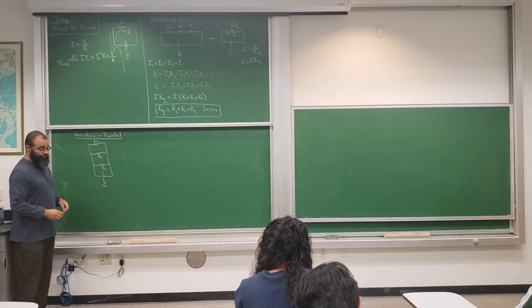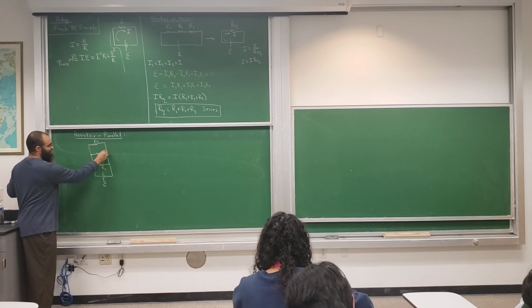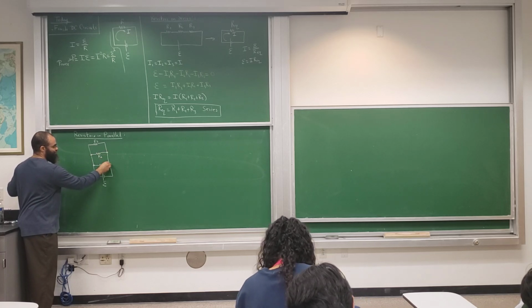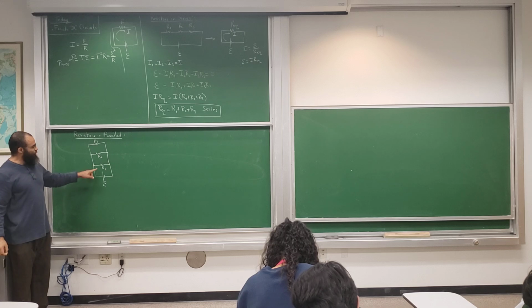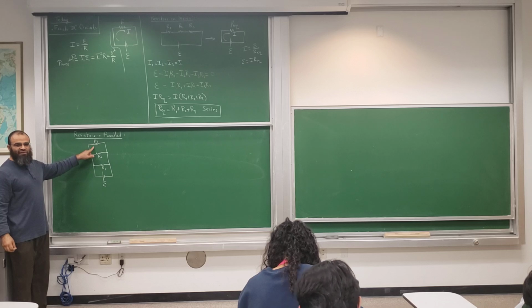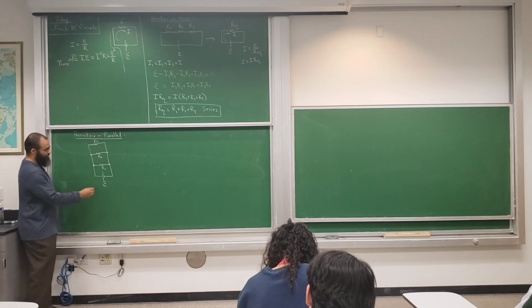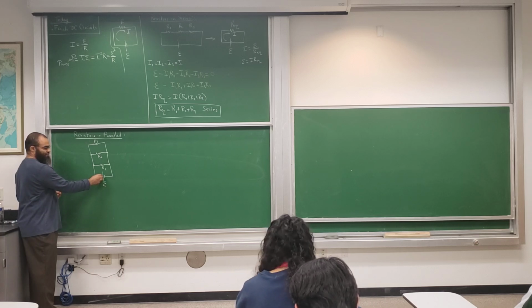Now, you have these junctions here, 4 of them. The current through resistor 1 does not have to be the same as the current through resistor 2, or through resistor 3. Because, let's look at the total current. The battery will have charges coming this way, right?